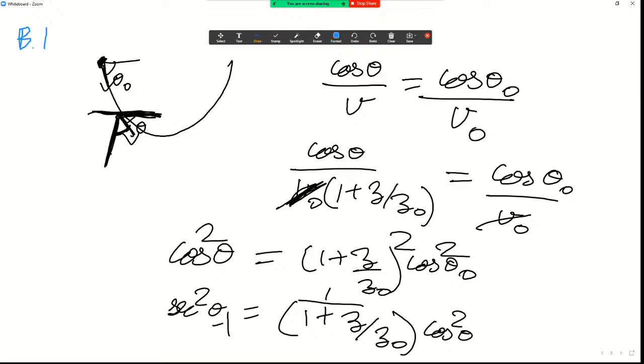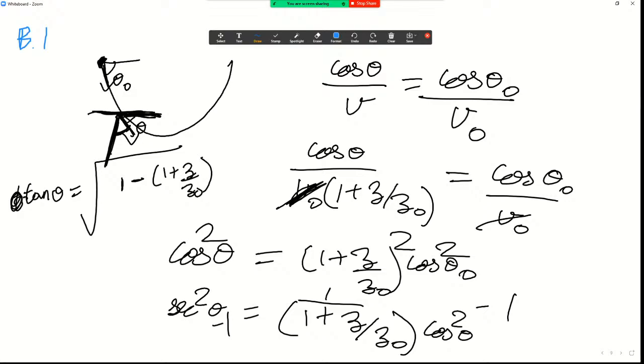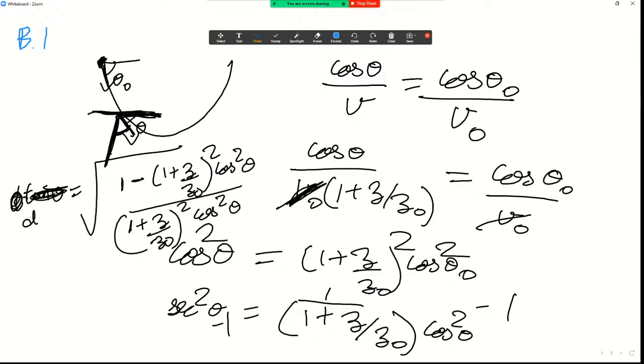And subtracting 1, we can get tan square theta, that tan theta equals under root of 1 plus z by z naught square cos square theta by... but this is getting very messy as this is dz by dx.